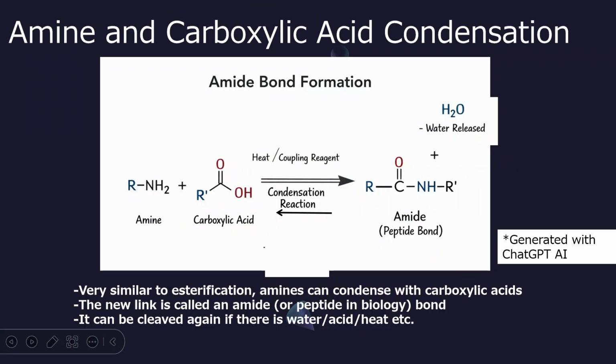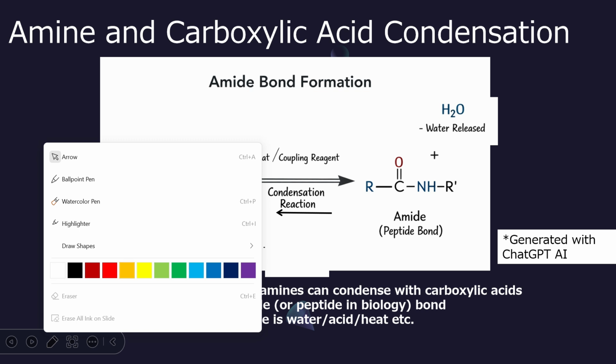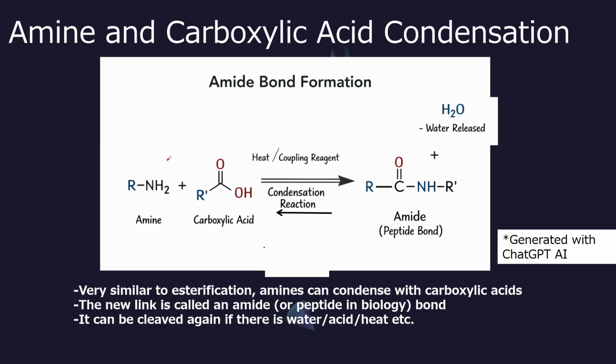Now, we can do a reaction between carboxylic acid groups and amine groups, another condensation. So we can take a hydrogen from the amine and an OH from the carboxylic acid.